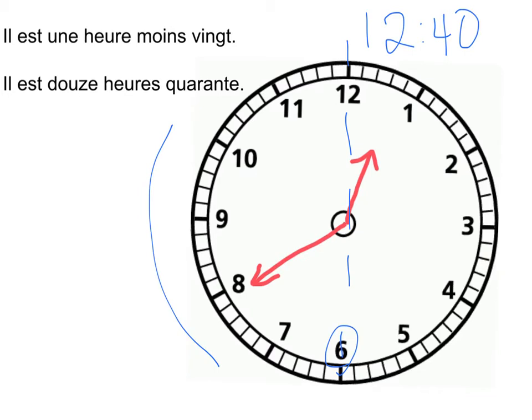Okay? So let's take a look at that second sentence now. Right? Il est 12h40. This is the other way that you can tell time. Now remember, heure officielle, the 24-hour clock, is normally only used for official times.